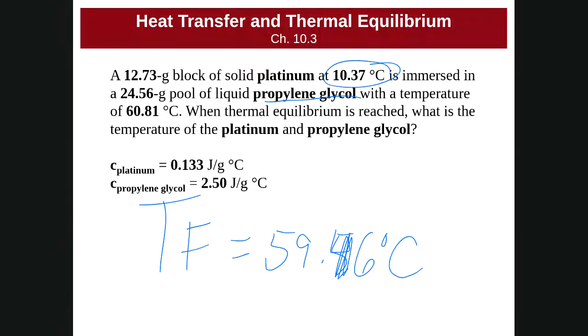Does that make sense? Yeah, that makes a lot of sense because platinum is a metal and propylene glycol is a liquid, so it doesn't have nearly as high specific heat as platinum. So platinum can raise its temperature very quickly when in contact with something hot, whereas propylene glycol's temperature doesn't go down very much.